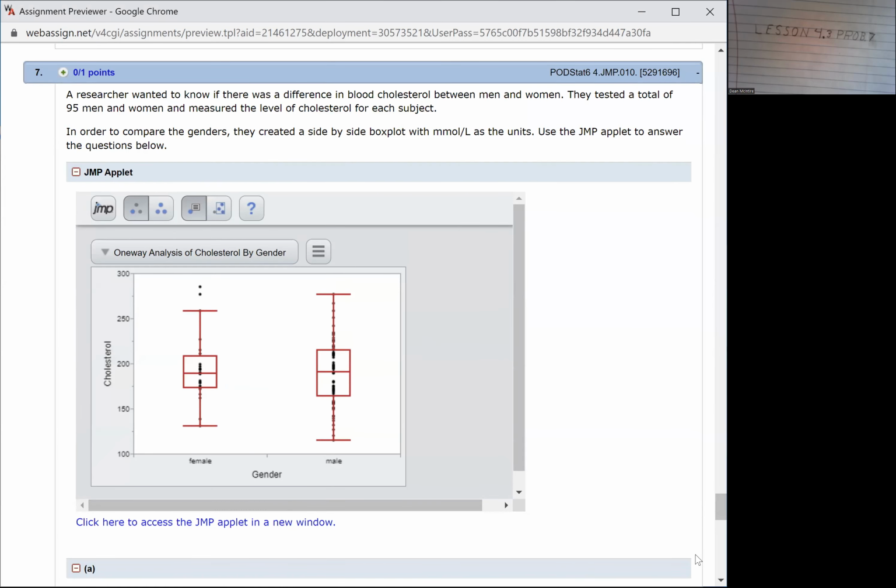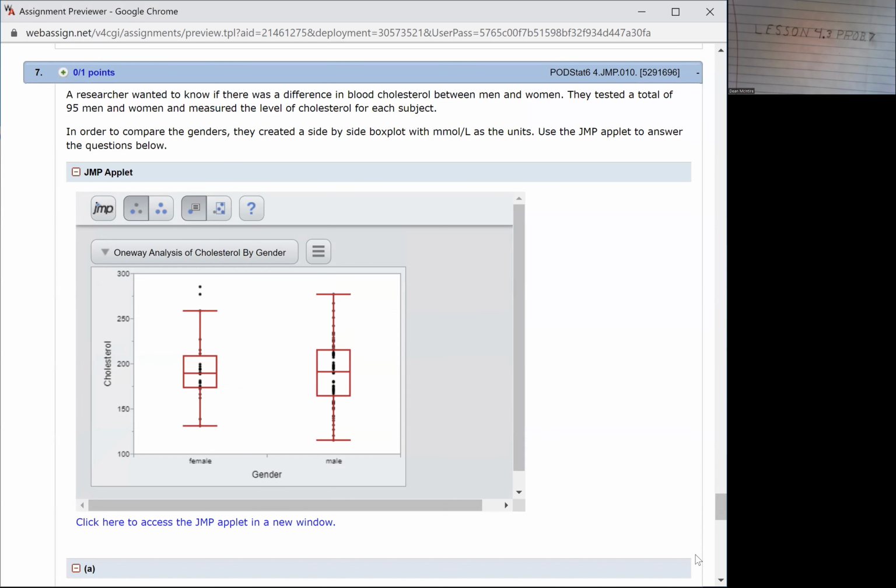The researcher wanted to know if there was a difference in blood cholesterol between men and women. They tested a total of 95 men and women and measured the level of the cholesterol for each subject. In order to compare the genders, they created a side-by-side box plot with that unit.